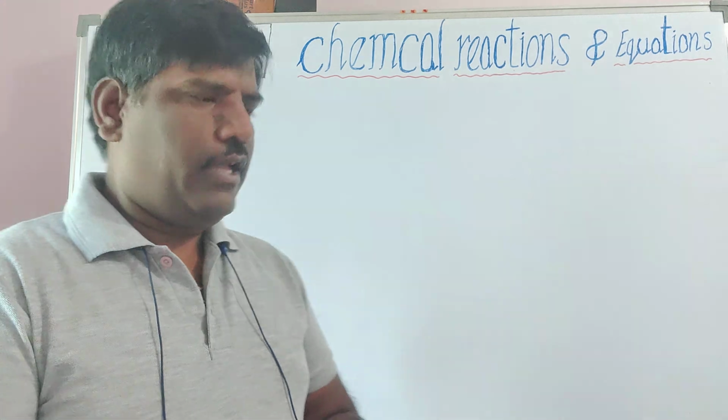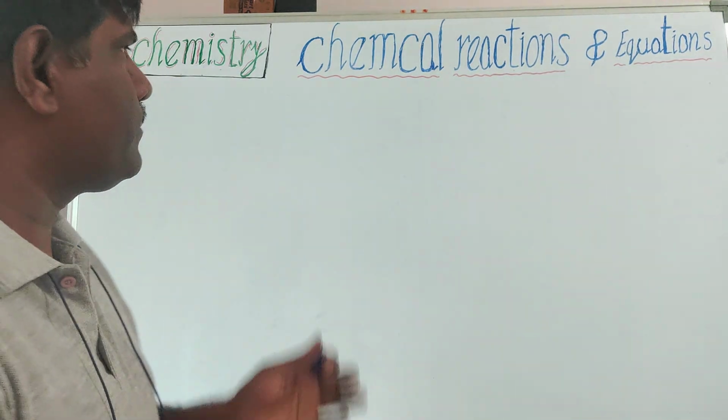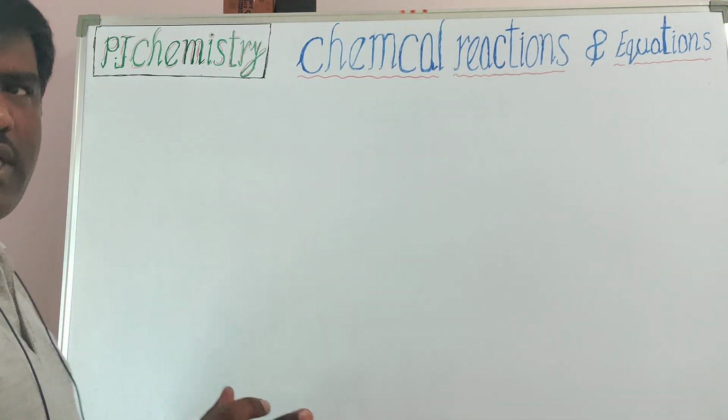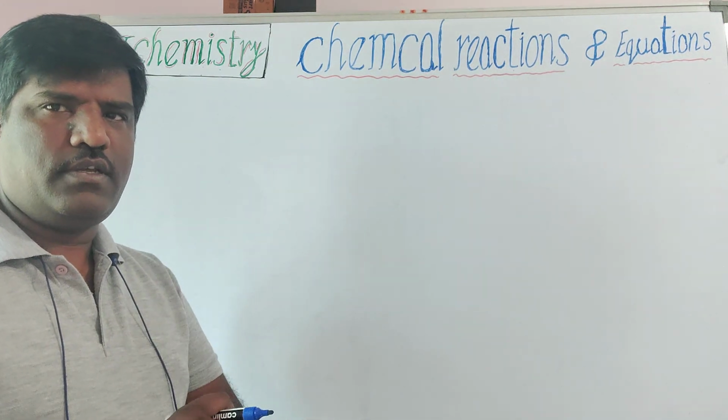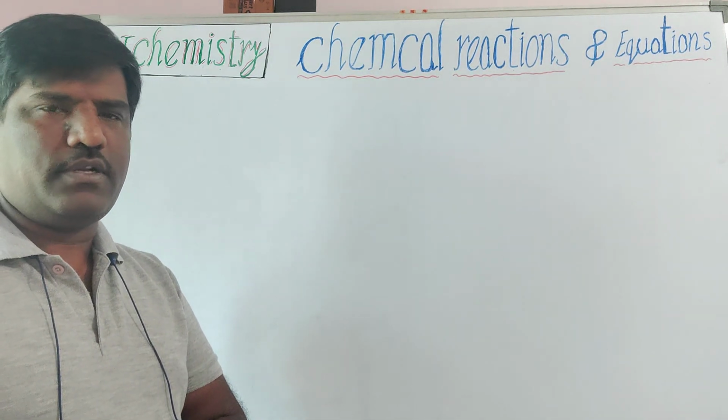So let's start, children. First, everyone should know the symbols. Minimum 30 elements, symbol, atomic number.